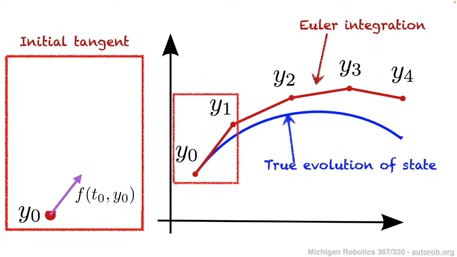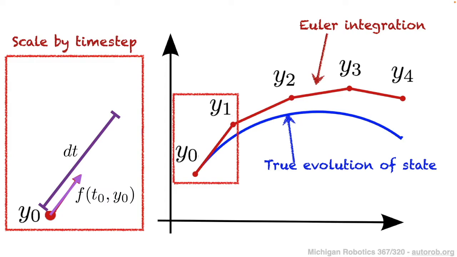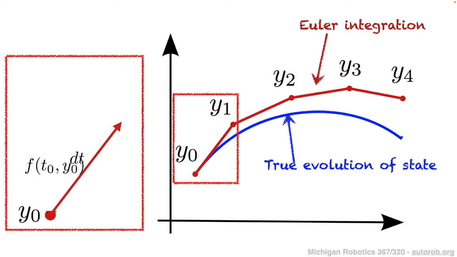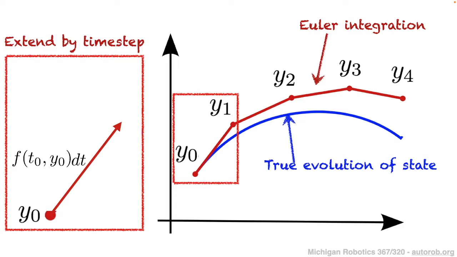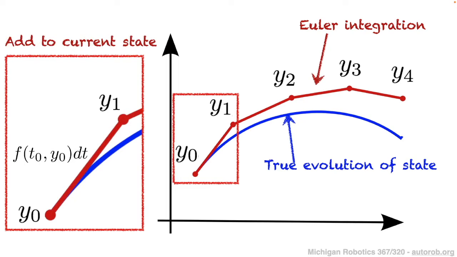What Euler integration will do is take this slope, this rate of change, scale it by the time step that we're integrating over, and then use those two to predict the state of the system at the next time step. In other words, it'll multiply this system dynamics, this rate of change, by dt, the time step, in order to produce y sub 1.